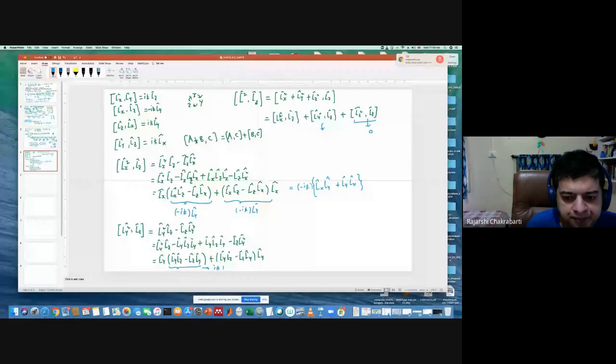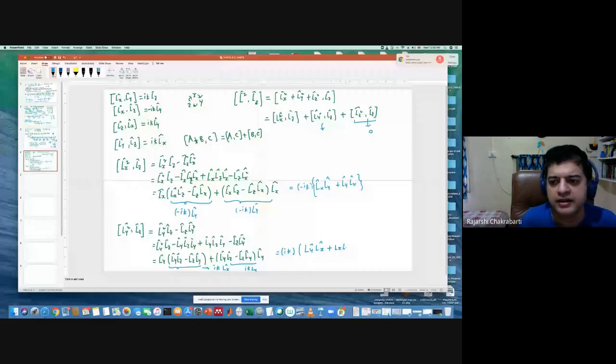What about this? i h cross Lx. So what I have here is i h cross, and take common Ly Lx plus Lx Ly. And now this is 1 and this is 2.